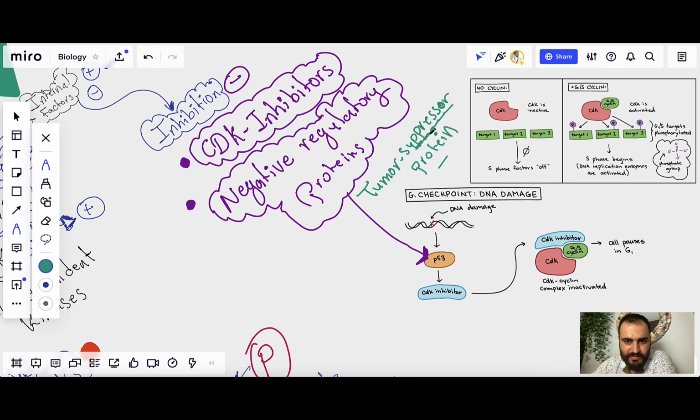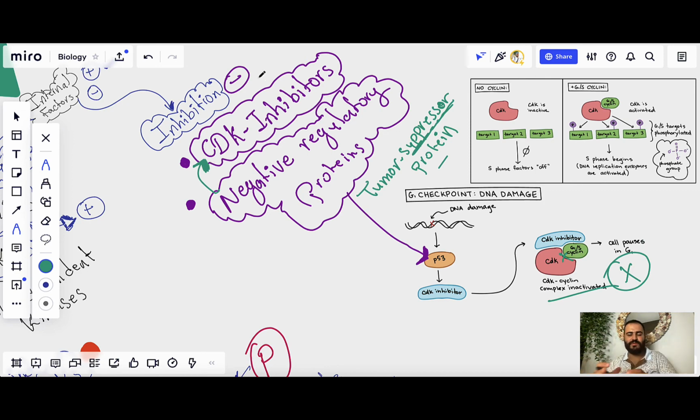Suppressor means inhibitor. Tumor suppressor: stopping the tumor. How does this work? P53 will activate the CDK inhibitors. As a result, the CDK inhibitor will prevent the binding between CDK and cyclin. As a result, the complex isn't activated and the cell cycle is inhibited.